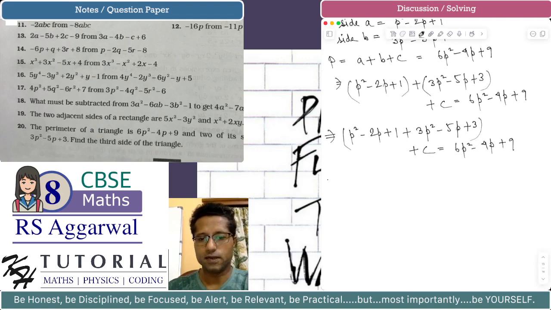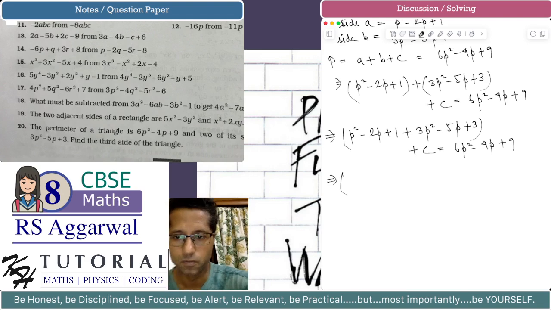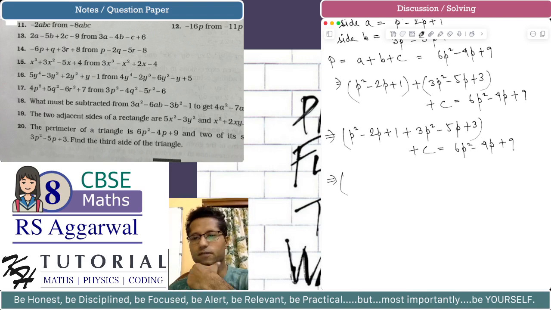Now on the left hand side, if we simplify the algebraic expression by adding the like terms, we get p square plus 3p square. Now I am skipping some steps. I am not showing the grouping of the like terms. I am straight away finding the addition of the like terms. So p square plus 3p square is 4p square. Minus 2p and minus 5p is minus 7p, and 1 plus 3 is 4.